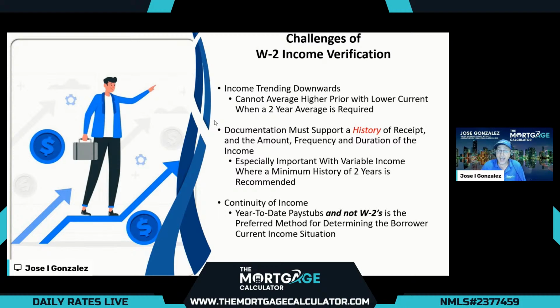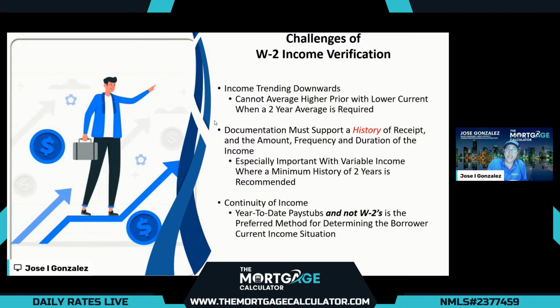So if it's obvious and disclosed that the borrower is employed by their parents or their uncle, or some type of directly related family member, then you really have to look at the guidelines, because on agency loans, for example, conventional, FHA and the like, you are not allowed to use the year-to-date current income on the pay stub, and you're only allowed to use the average of the last 2 years' W-2s.